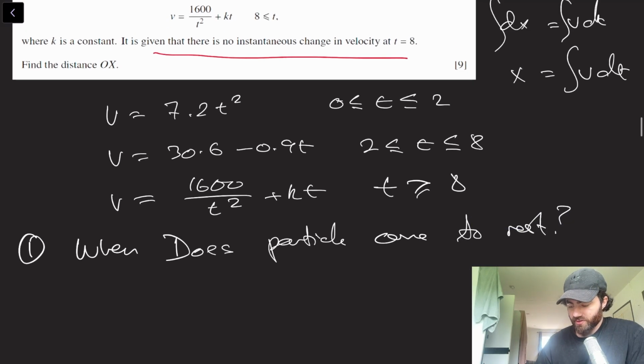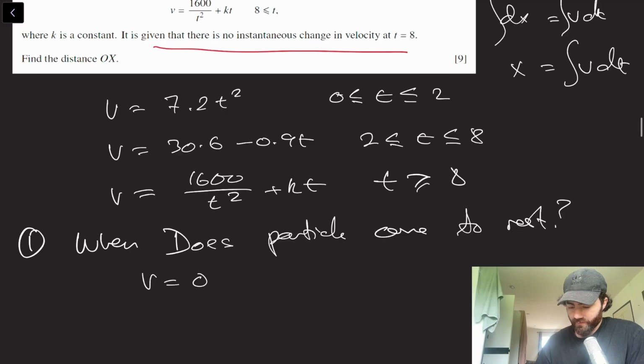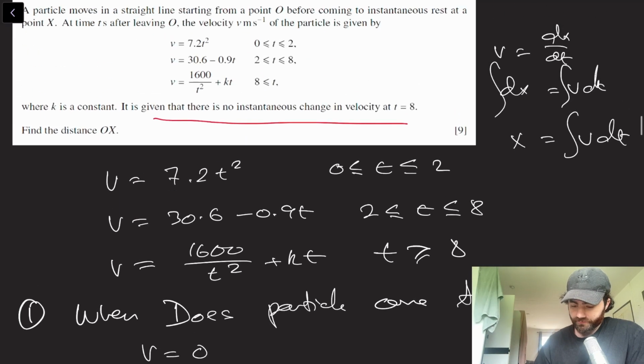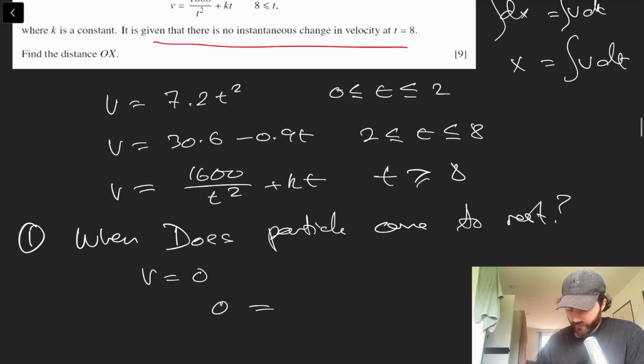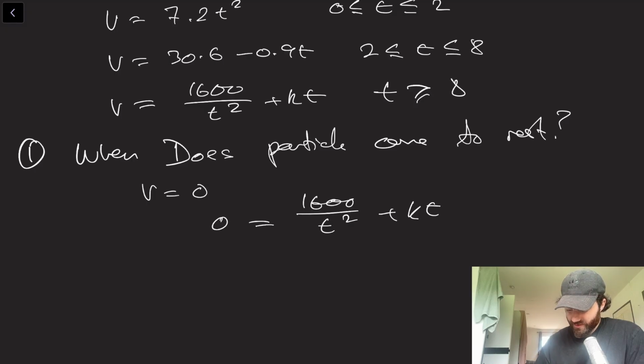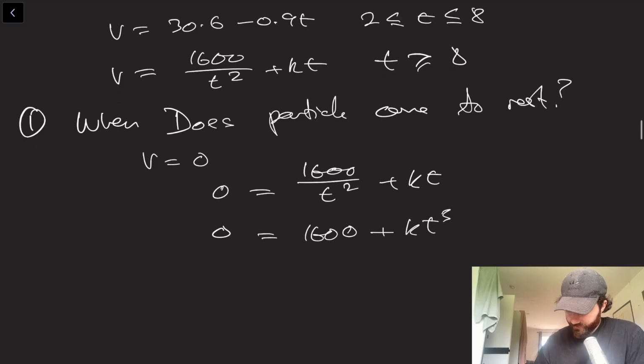It will come to instantaneous rest when v equals 0. So when v equals 0, for this upper part, we get 0 equals 1600 divided by t squared plus kt. Times through by t, you get 1600 plus kt cubed equals 0.